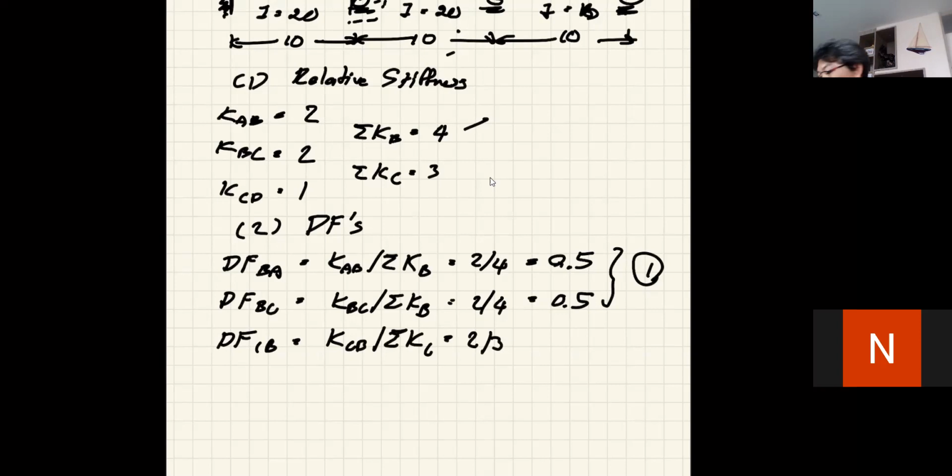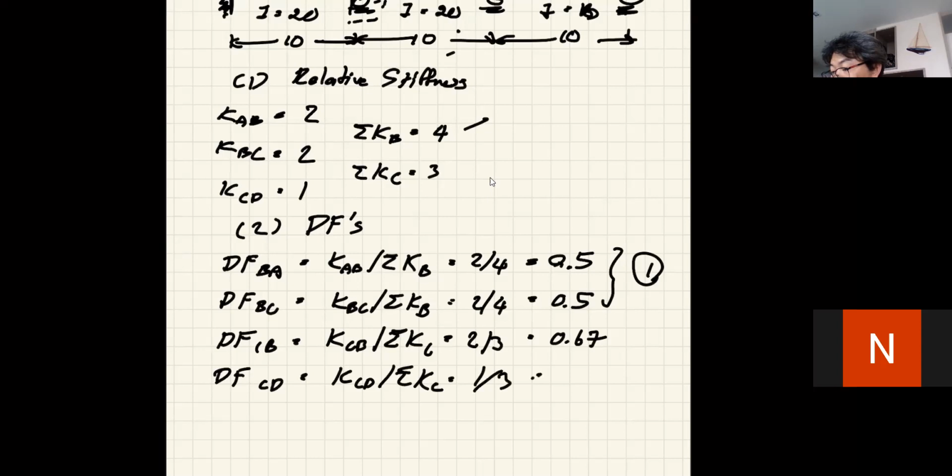You can say it's 2/3 or 0.67. And distribution factor CD, yeah, it's from joint C. It can be confusing at times. So it's KCD over sigma KC now. That is 1/3, right? Or 0.33. Again, that sums to 1. All right.